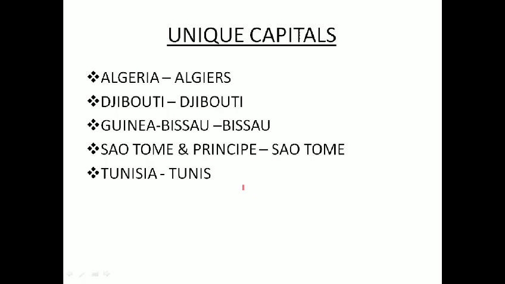This is for those who say, sir, I don't know the capitals of even 2-3 countries. You can feel proud that you could remember Algeria, Djibouti, Guinea-Bissau, Sao Tome and Principe, Tunisia. They are easy. So don't say everything is difficult. You grade them, you classify them, you divide them.